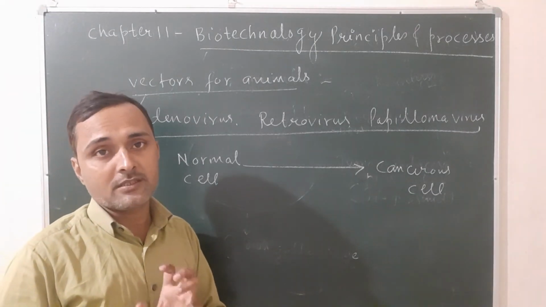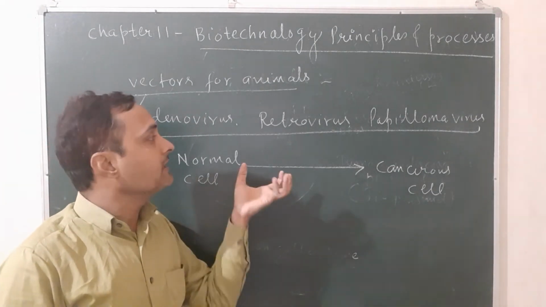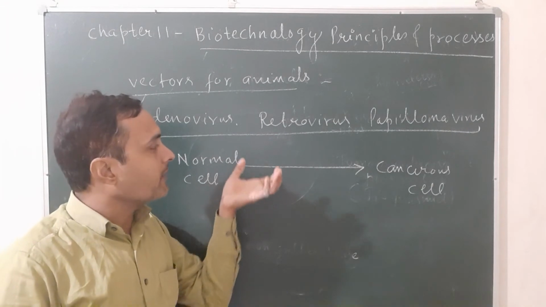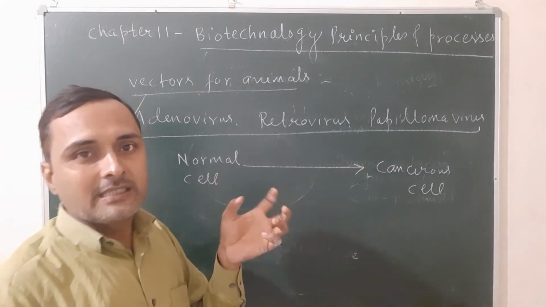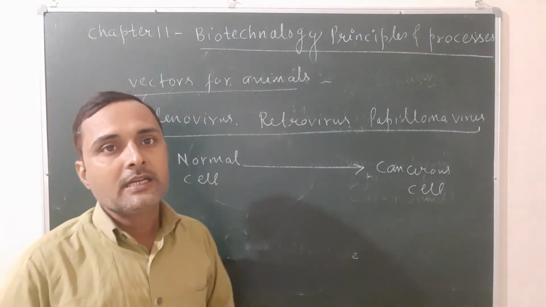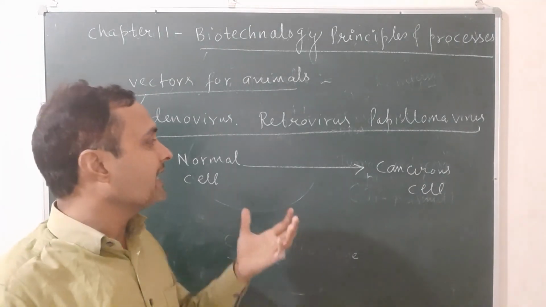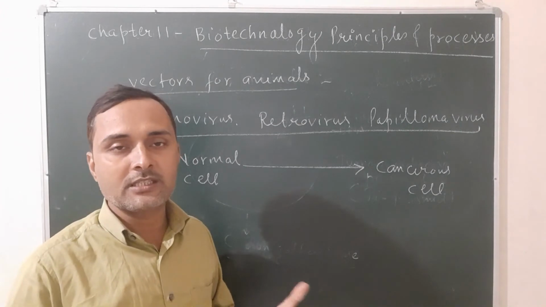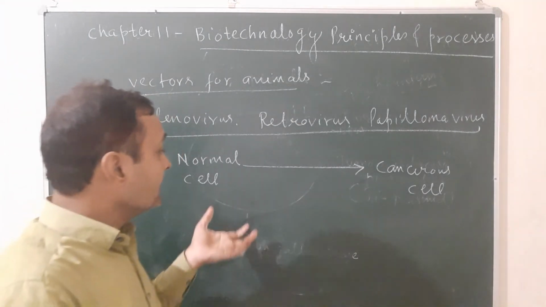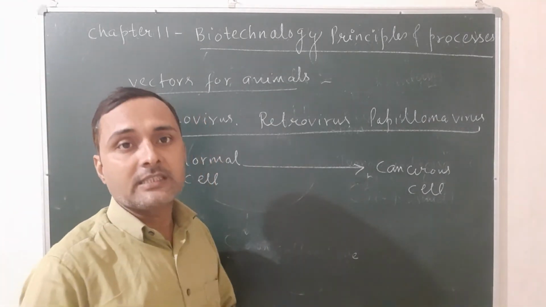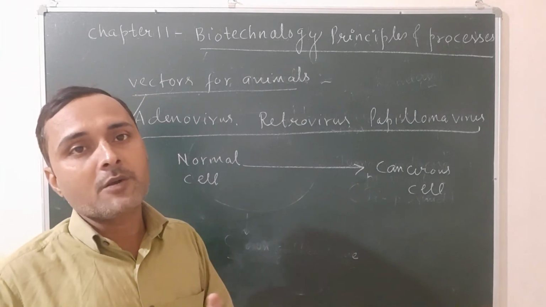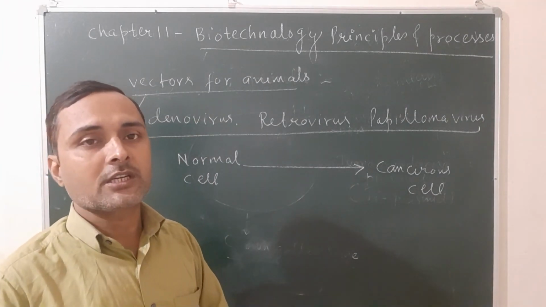But when we insert our foreign gene into the DNA or RNA of the virus, that gene will express. Disarming means the DNA part becomes inactive due to introduction of the foreign gene.